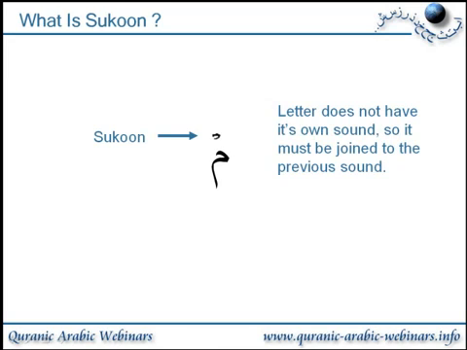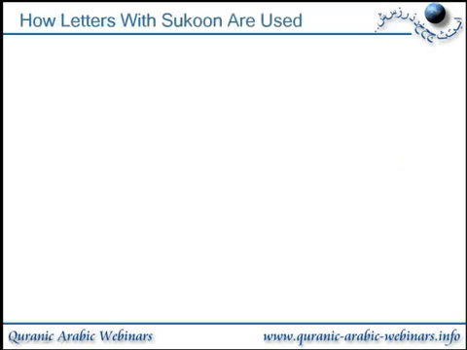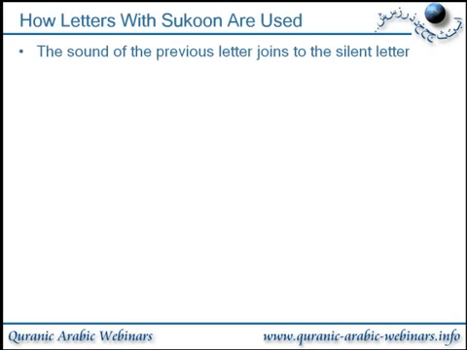So it cannot have a sound of ma, mi, mu, etc. The little sukoon means this letter has no sound of its own, and this letter must be joined to whatever sound comes before it. So the sound of the previous letter joins to the silent letter.